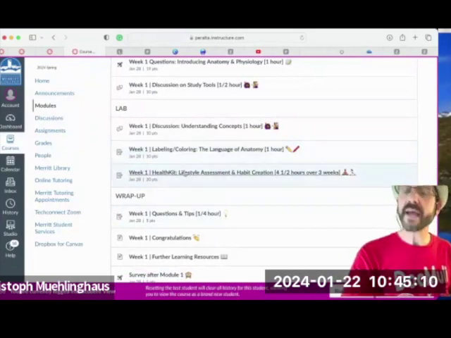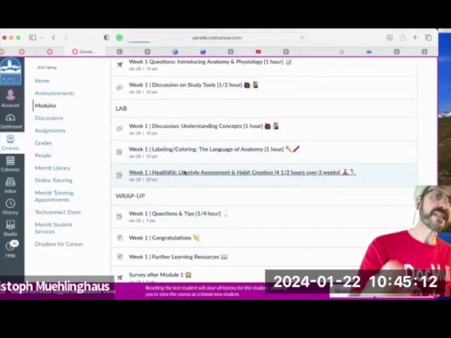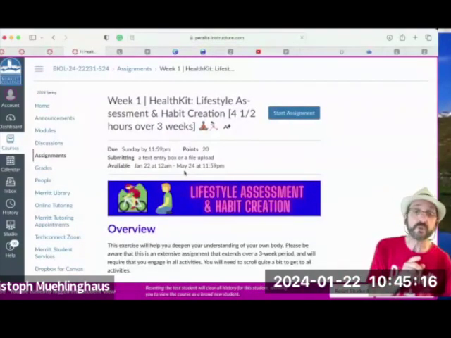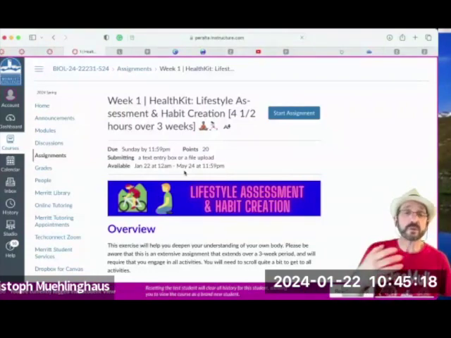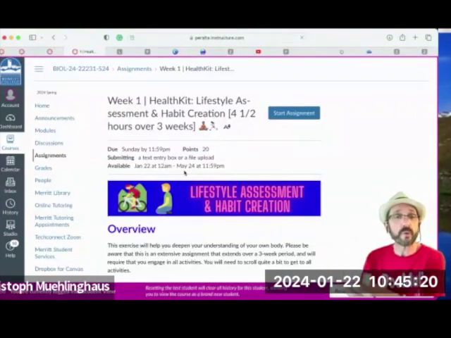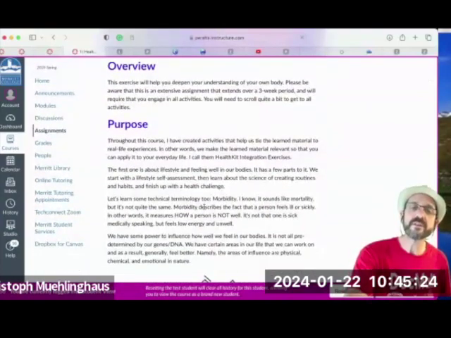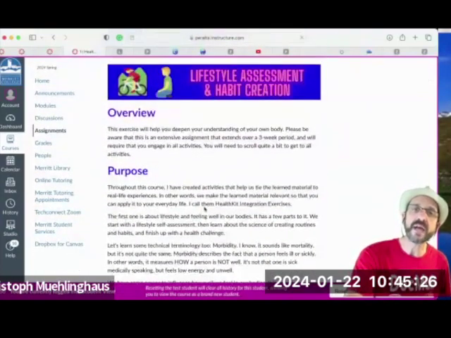And then we have these health kit assignments. These are really dear to me because they help us make this material usable in the outside world. We start with a lifestyle assessment.